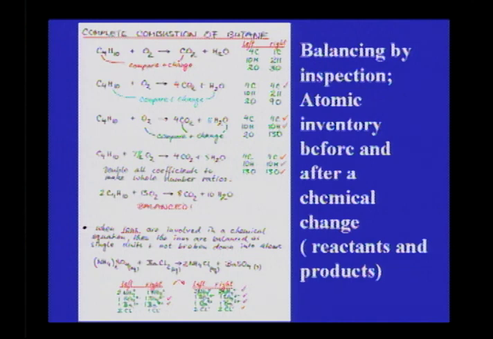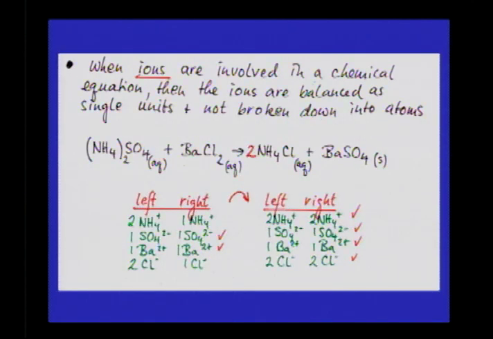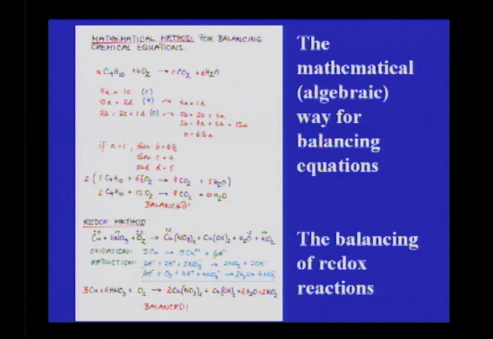When we have ionic compounds, we do not always have to break things down into individual atoms. We can use the ions as a whole and balance them out as if they were single entities. The mathematical method is the last thing I want to discuss here. And it's actually quite straightforward.